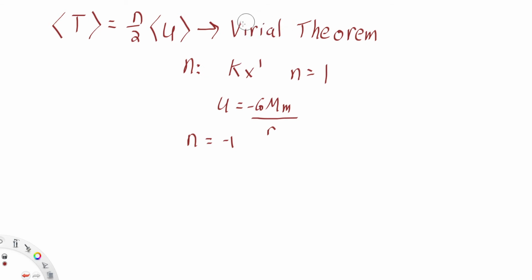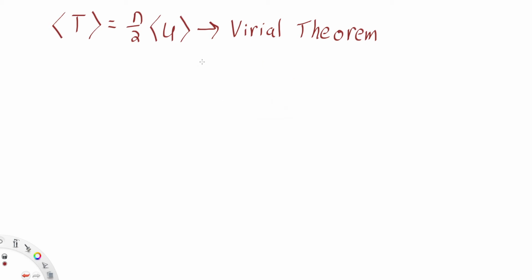This is a very general theorem, but for us, we're just dealing with springs right now. So this n is going to be a 1. So the average kinetic energy is half the potential energy. Yeah, Jaden. In this case, I'm using the angle brackets for average just because if I wrote T bar, I'm weirded out by the way that looks.